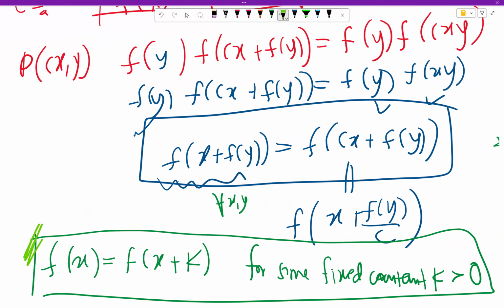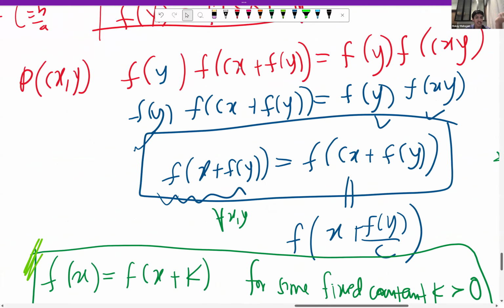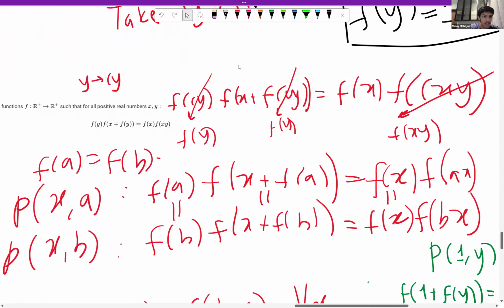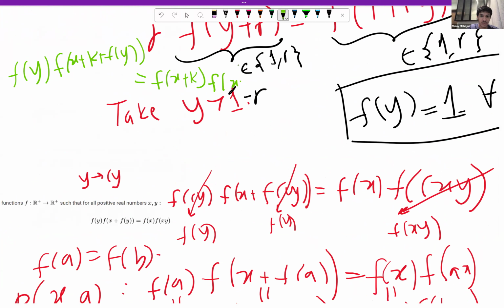Yeah, here. So instead of x, you replace x by x plus k. So let's see what happens. You get f of y, f of x plus k plus fy equals f of x plus k times f of xy plus ky.